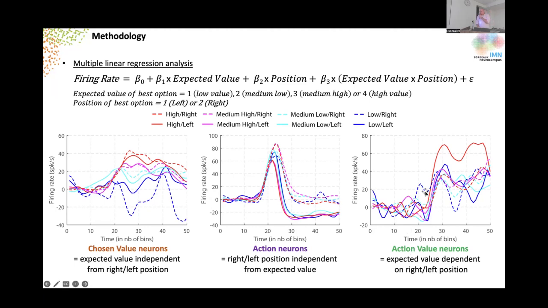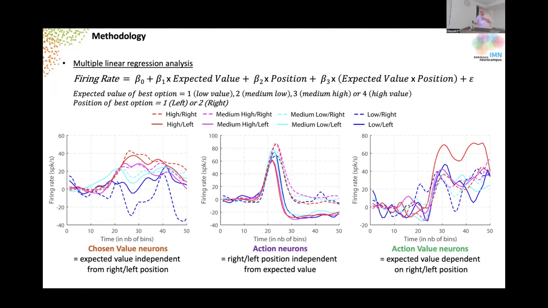And you have some neurons that combine those two properties, so their activity is different if the position and the value of the target have a certain value, and for the other, it stays similar.